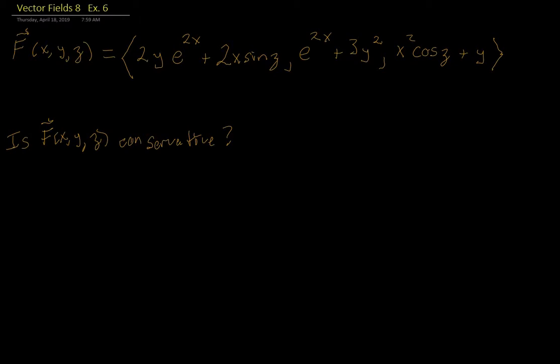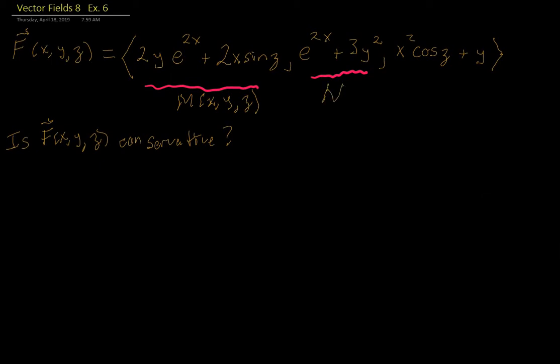Okay, so we're going to tackle our first vector field with three variables and three components. So we have here the vector field F of x, y, z, and its first component that we see here, that component is the component M. And if you write out the function notation of x, y, and z, possible variables that could be there, and the second component here, that's the component N still.